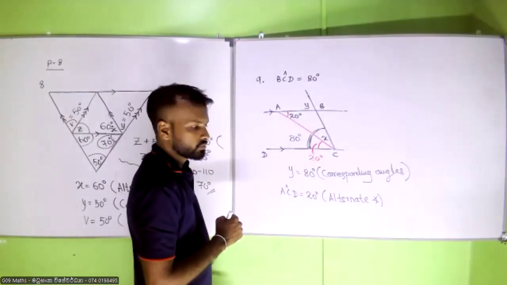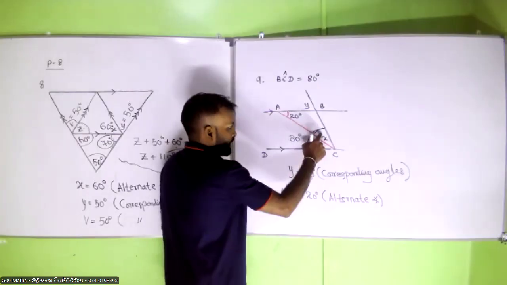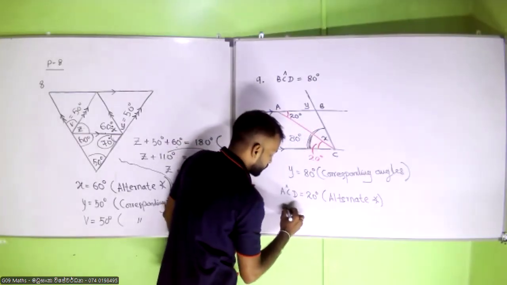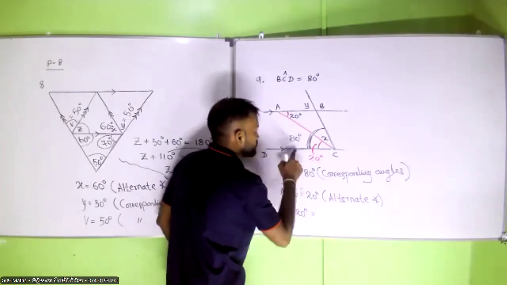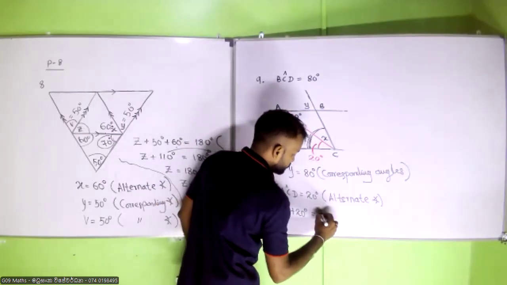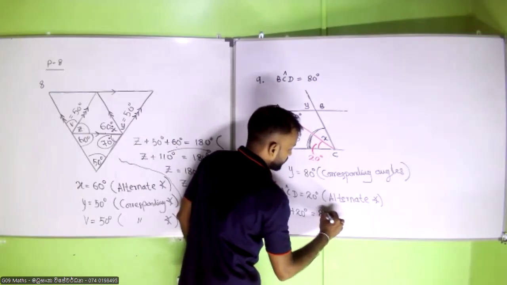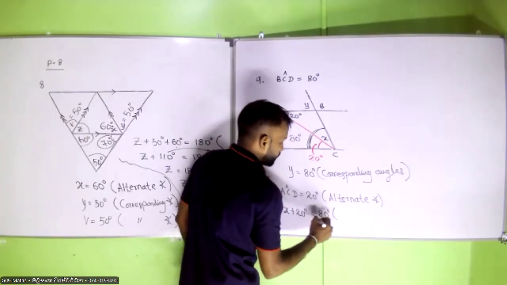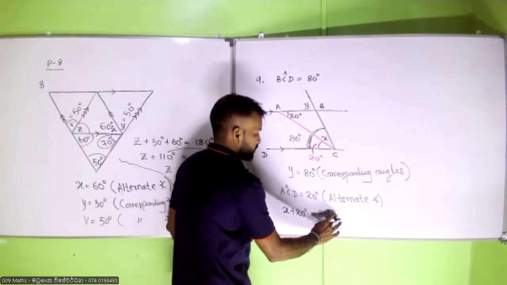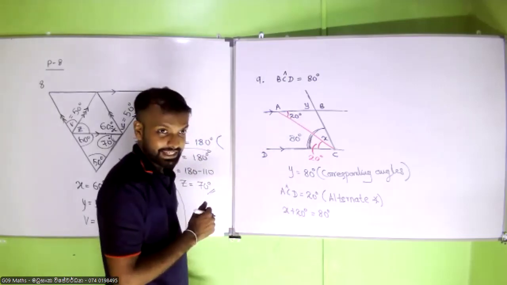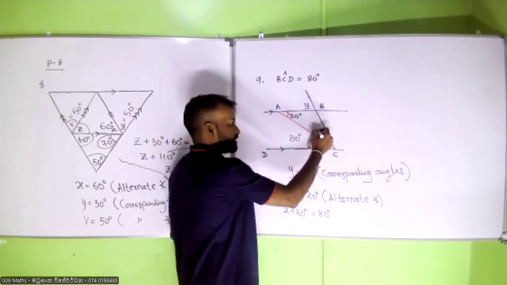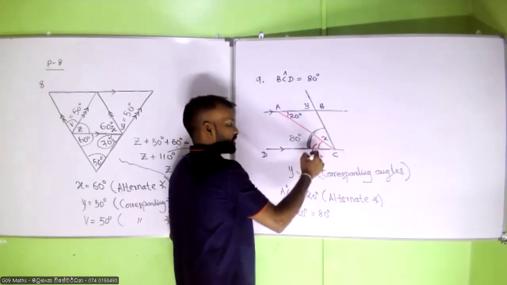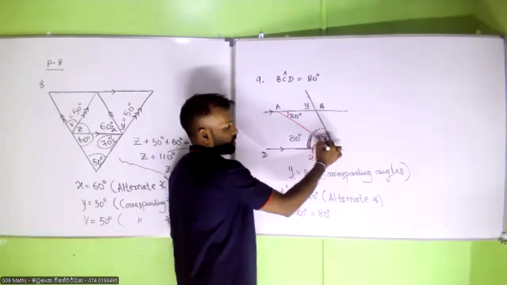You can write X plus 20 degrees is equal to 80 degrees. Right? What is the reason? Sorry, there is no reason because it is given as 80. X plus 20 is equal to this whole angle, the entire angle: this small acute angle plus this acute angle.